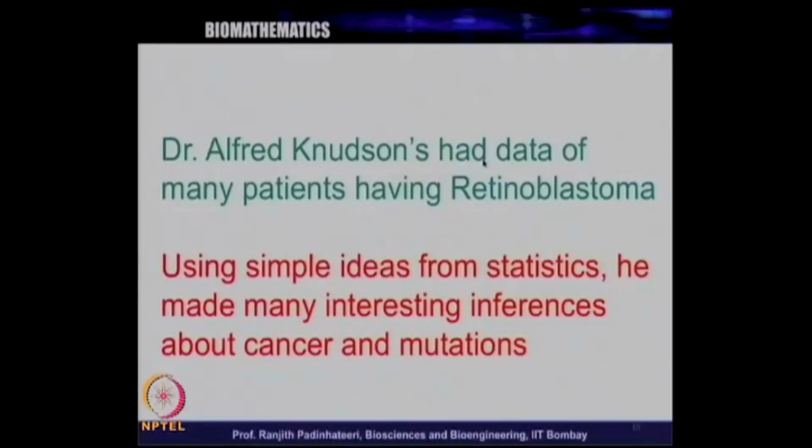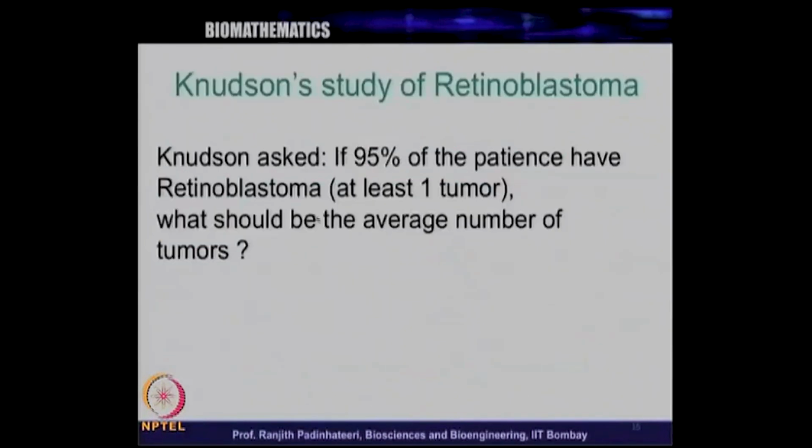So, what did Dr. Knudson have? Knudson had just a set of data, and he asked the following question. If 95% of his patients have retinoblastoma, that is at least one tumor, what should be the average number of tumors?